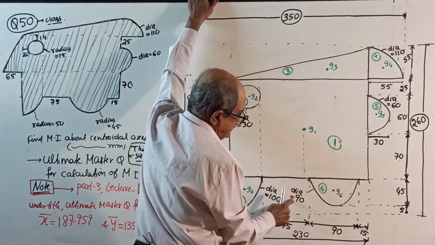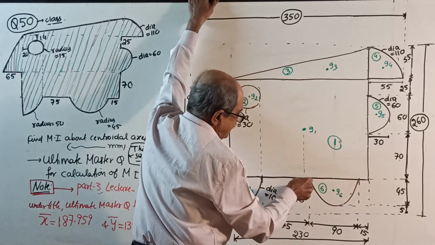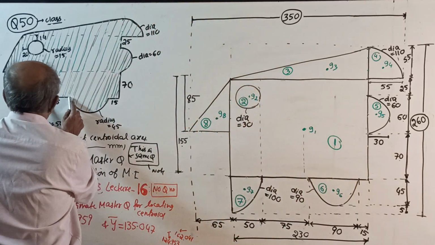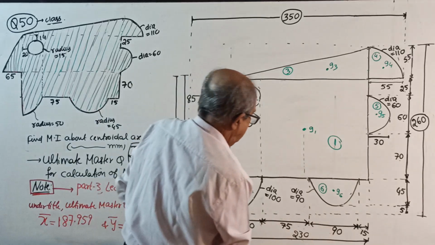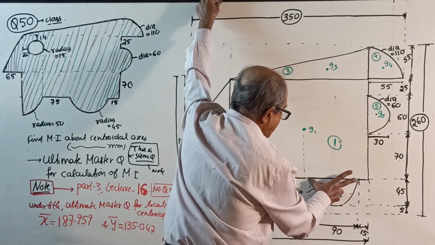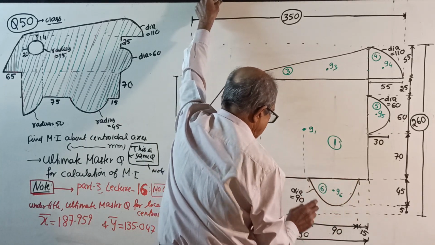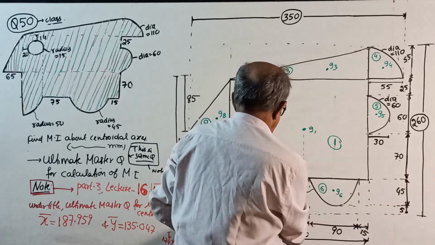I wrote here, dia 90. So this is 15, dia 90. This is given 75, from here to here is 75. Somewhat to scale, 90 should actually be a little bigger and 75 smaller. I don't know why it happened.